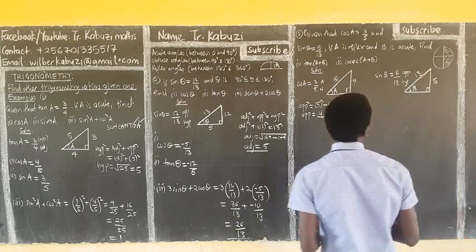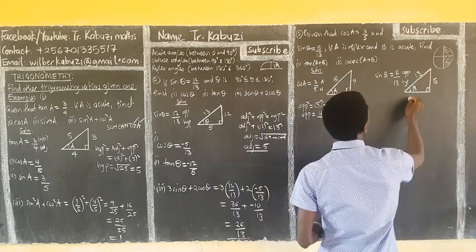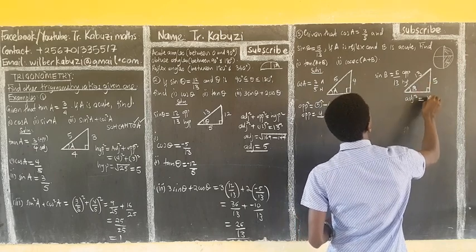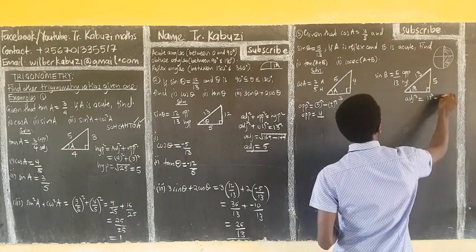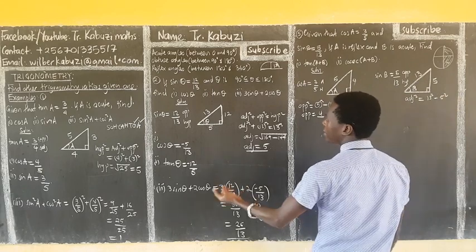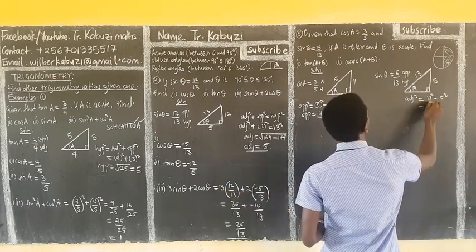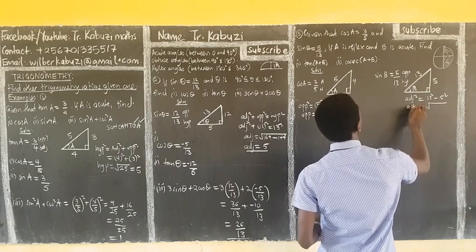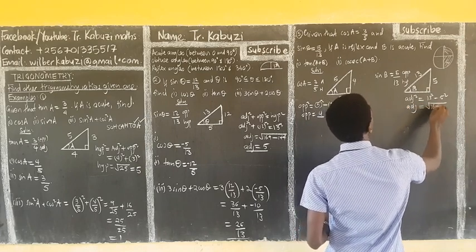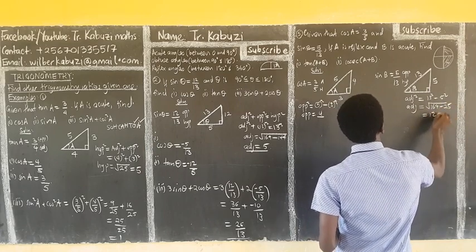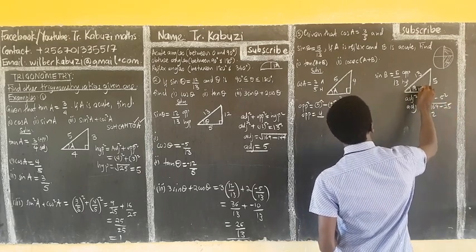Then when you calculate, my adjacent squared will be 13 squared minus 5 squared. After doing this, I need to take the square root. Now my adjacent is the square root of 169 minus 25, which will be 12. So this one is now 12.